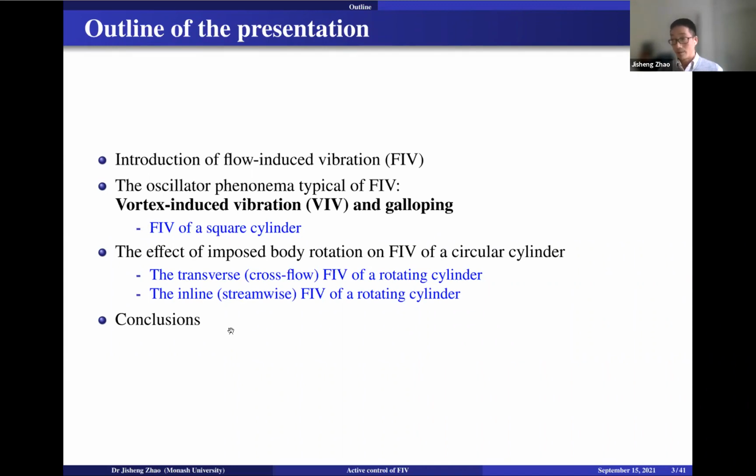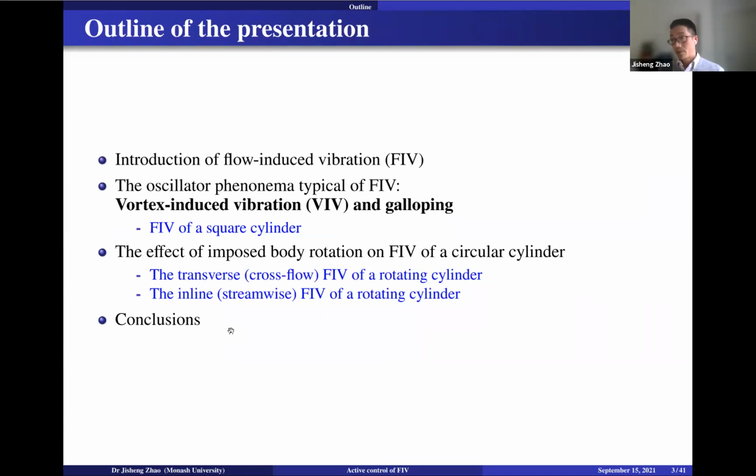The second one is galloping, a term used more commonly by the civil engineering community. Galloping is due to movement-induced aerodynamic instability. I'll give you some more details later.